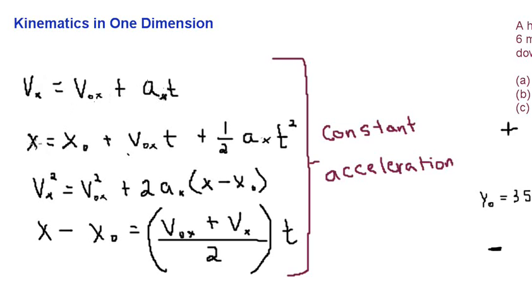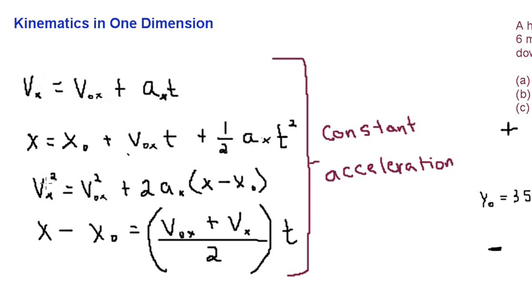Okay, then the x's stand for the initial distance and the final distance, plus the initial velocity in the x direction times the time, plus 1/2 the acceleration in the x direction times the time squared.